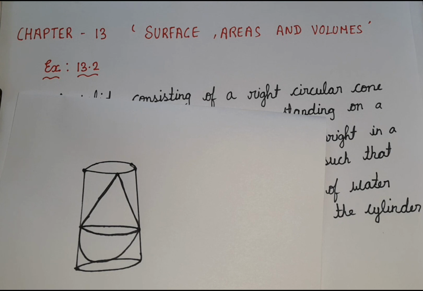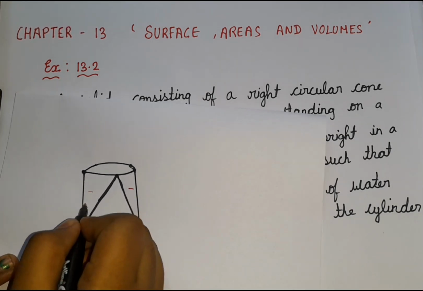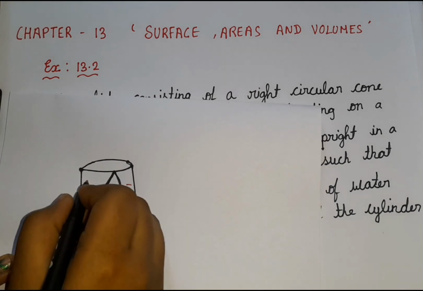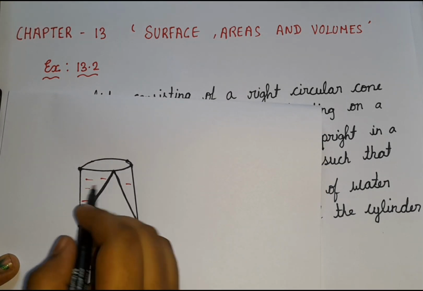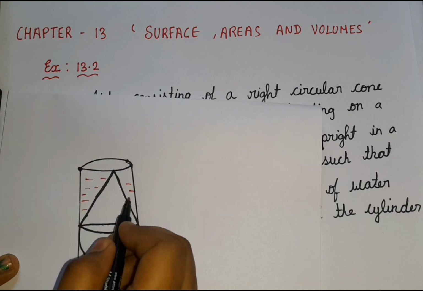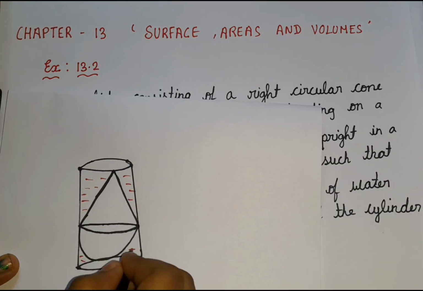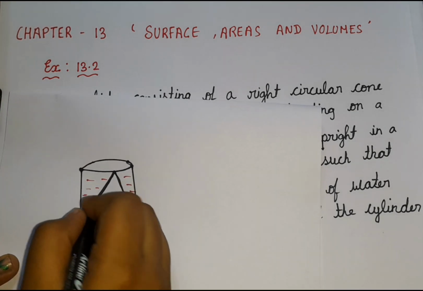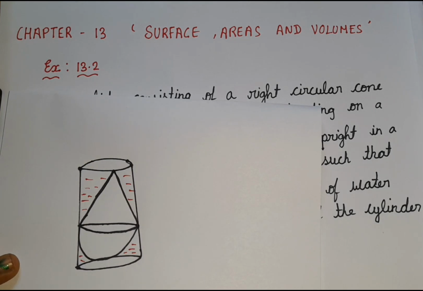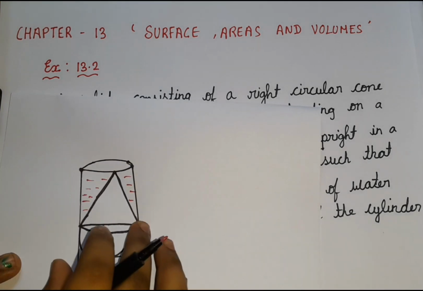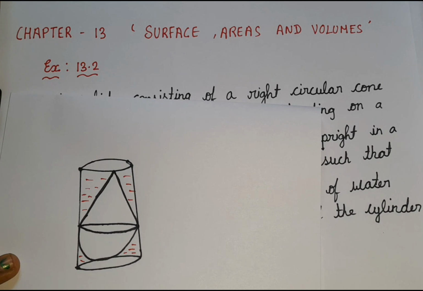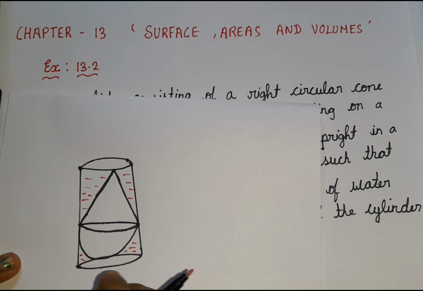In this cylinder, the cylinder is filled with water. So let us show that it is filled with water. Since we have the figure right over here, let us mark it in the rest of the sides. So this entire cylinder is filled with water. Now this is the rough figure. I am going to draw a clear figure. This is just for understanding.